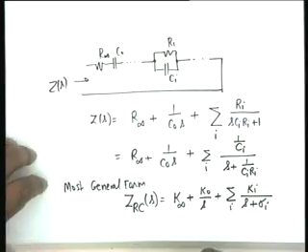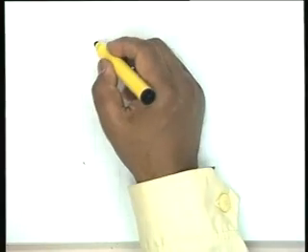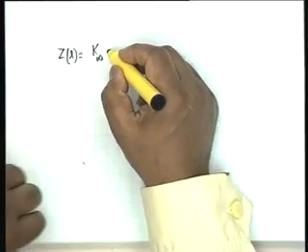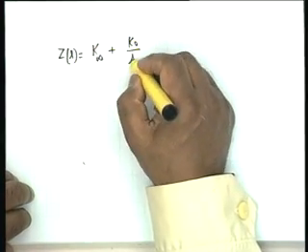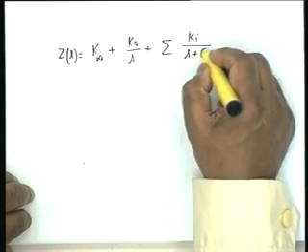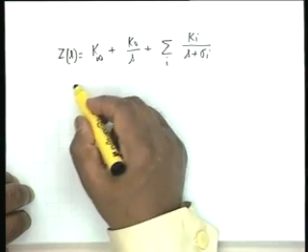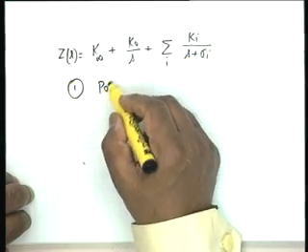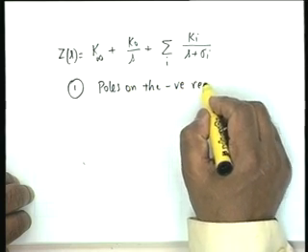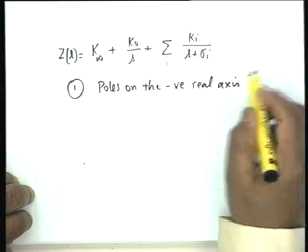And therefore, one of the properties that is obvious from this form, K infinity plus K0 by s plus summation Ki divided by s plus sigma i over i, I am talking of RC only, is that the poles are on the negative real axis. Is this point understood?